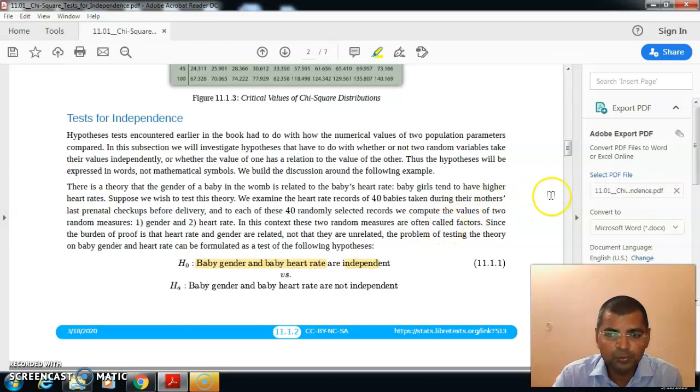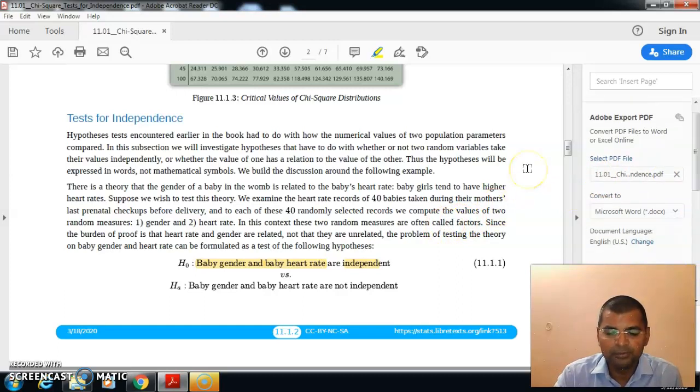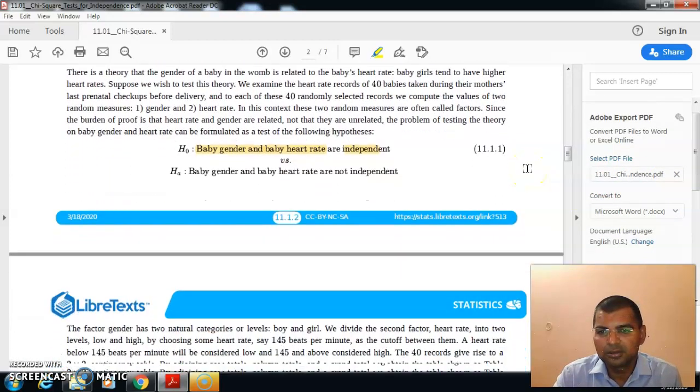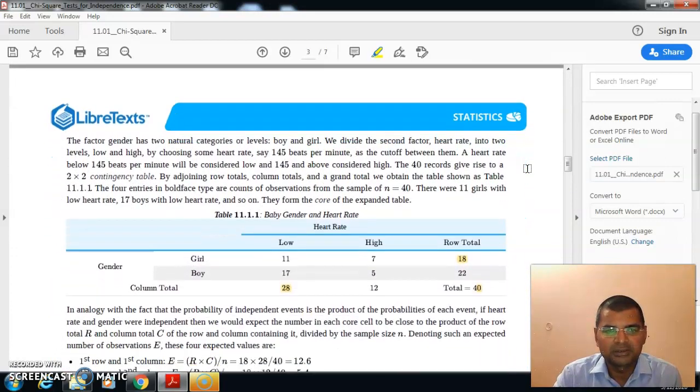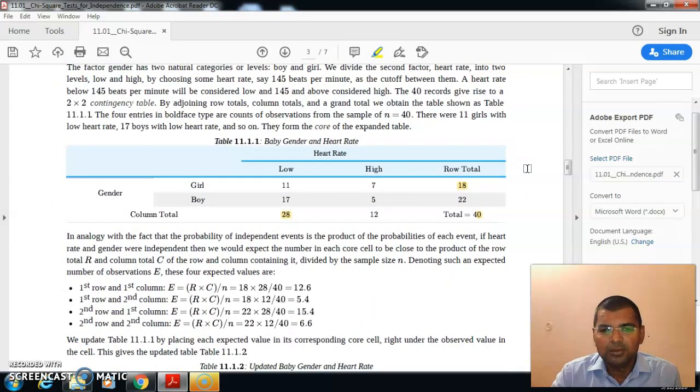Now let us suppose to prove or disprove it. These doctors have collected the data from 40 mothers or expected mothers. Now they find out that out of these 40 expected mothers, the heart rate and the gender of baby. Out of these 40, 18 were girls and 22 were boys.